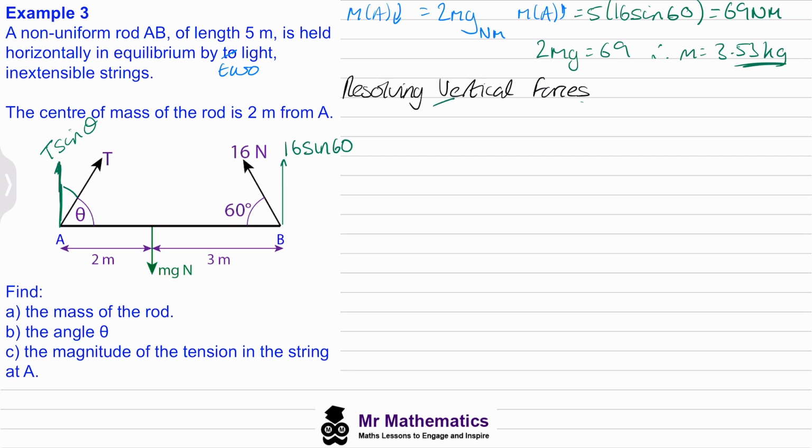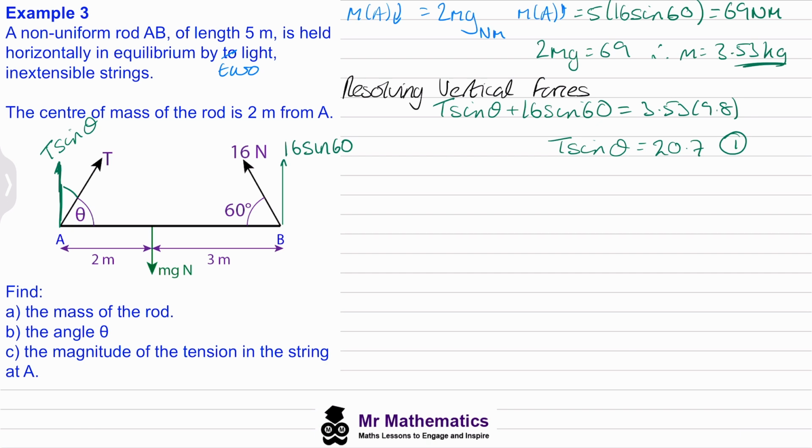So T sine theta plus 16 sine 60 must be equal to mg, and m is 3.53 times g of 9.8. We can work this out and move this to the other side. So T sine theta will equal 20.7. We can call this equation 1.